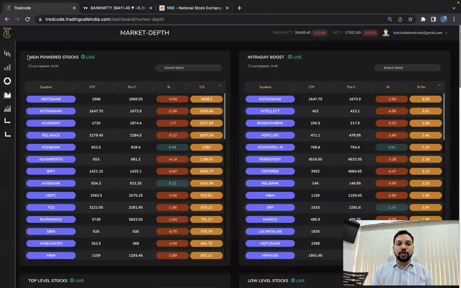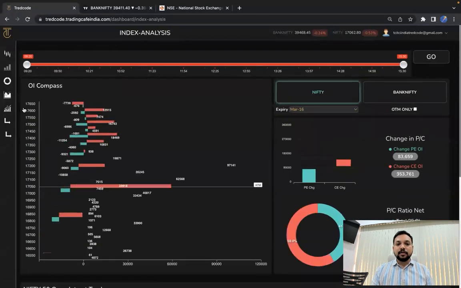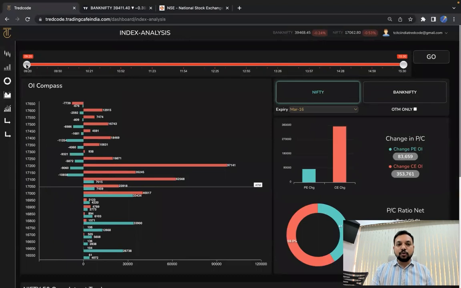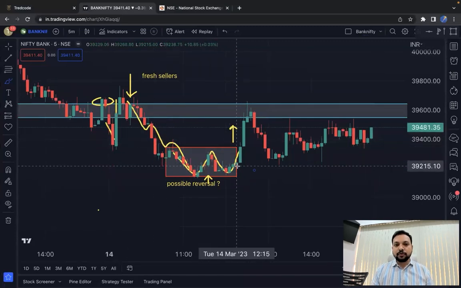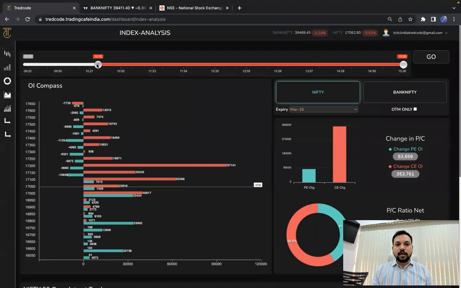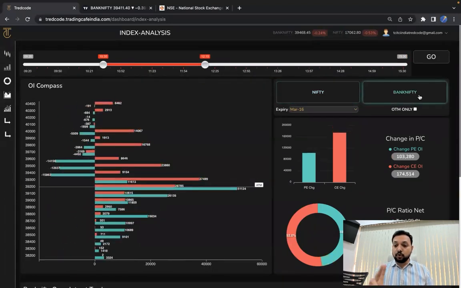If I go on TradeCode and check the overall activity, that zone was marked from somewhere around 10:30. So let me clearly check. This is somewhere around 10:35 to 12:15. So I need to understand the action in that particular zone. If I check Bank Nifty, there are two observations.